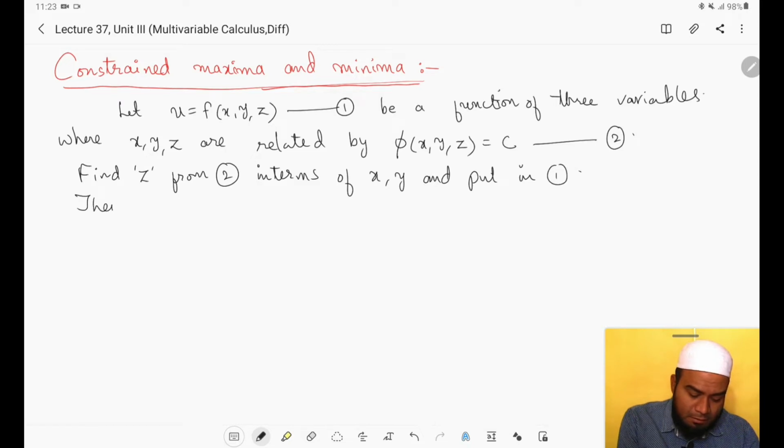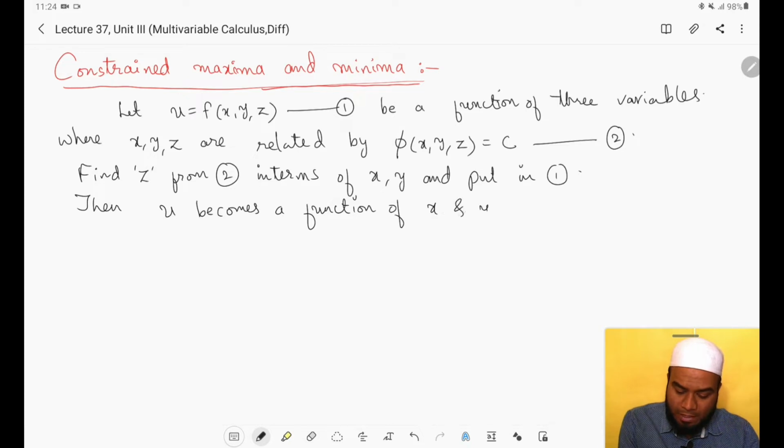Then u becomes a function of x and y only, right? That is what will happen when you substitute the z value in u: u will become a new function in terms of x and y, capital F of x comma y. You consider this as some 3.